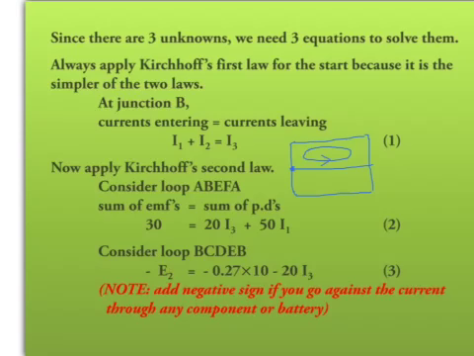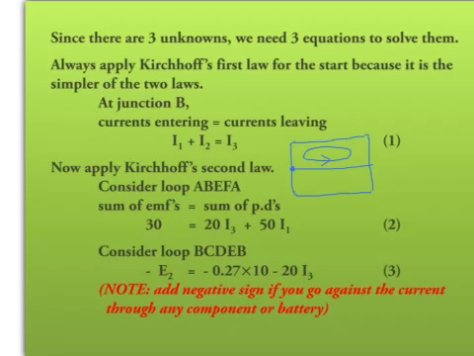Always apply Kirchhoff's first law first. Why? Because it is the simpler and easier of the two laws to apply. At junction B, which is that junction there, if you look at the previous slide, currents entering equal currents leaving. There are 3 currents here.